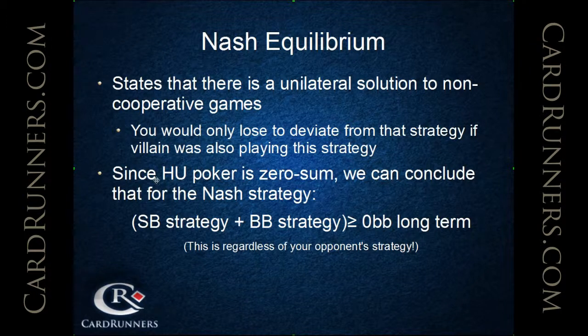Obviously, we're not going to look at the 3+ handed games right now. But this doesn't necessarily mean that the BB strategy itself is an automatic 0 BB or more winner. And that doesn't mean the small blind strategy itself is a 0 BB or more winner. It's that your overall strategy for the whole game is non-losing or break-even.